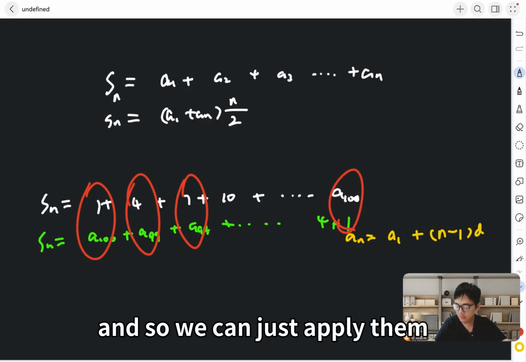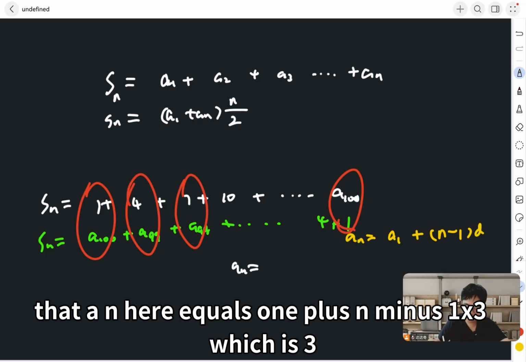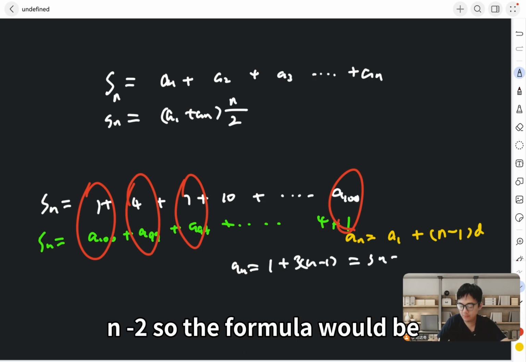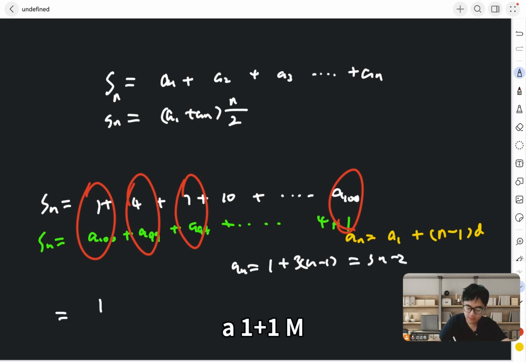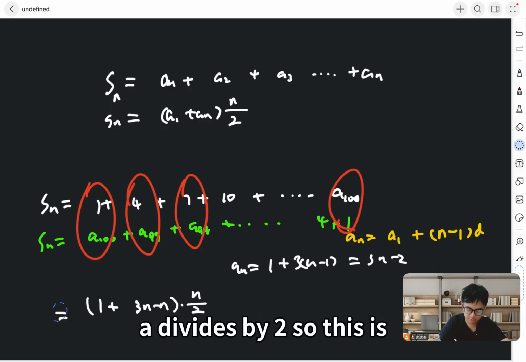And so we can just apply it. We have deduced before that An here equals 1 plus n minus 1 times 3, which is 3n minus 2. So the formula would be A1 plus An times n divided by 2.